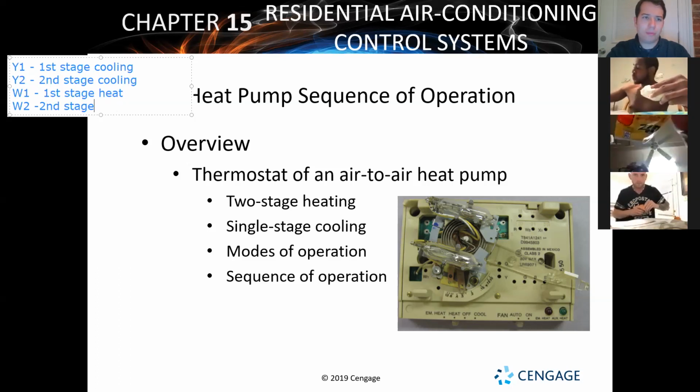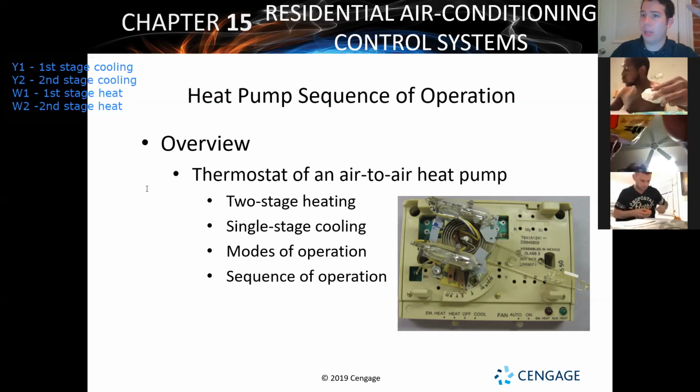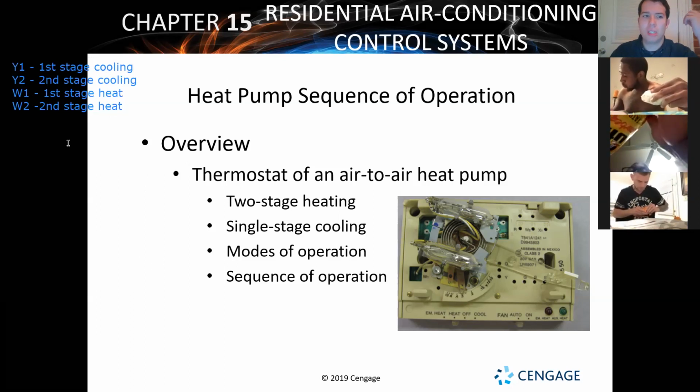Now, most residential systems will not have two stages of cooling. They will not have Y1 and Y2. What they will have is W1 and W2. And they'll have that especially for heat pumps, because W1, your first stage of heating, is that heat pump coming on. Remember I said once it gets colder and colder outside, it's going to turn into ice outside.